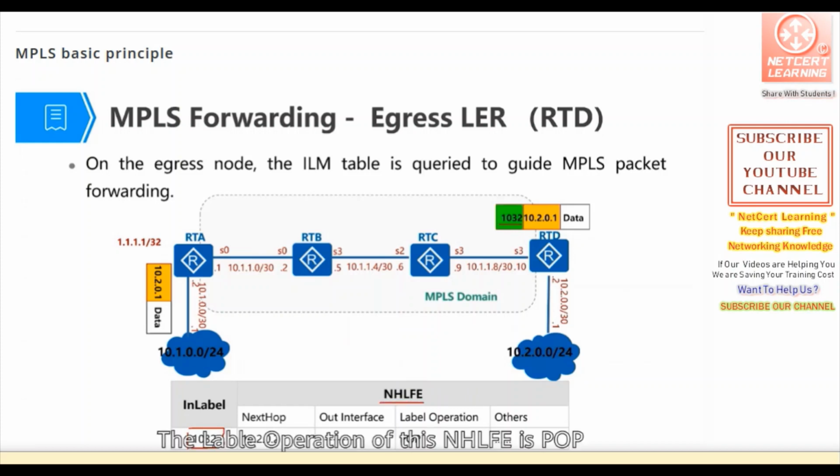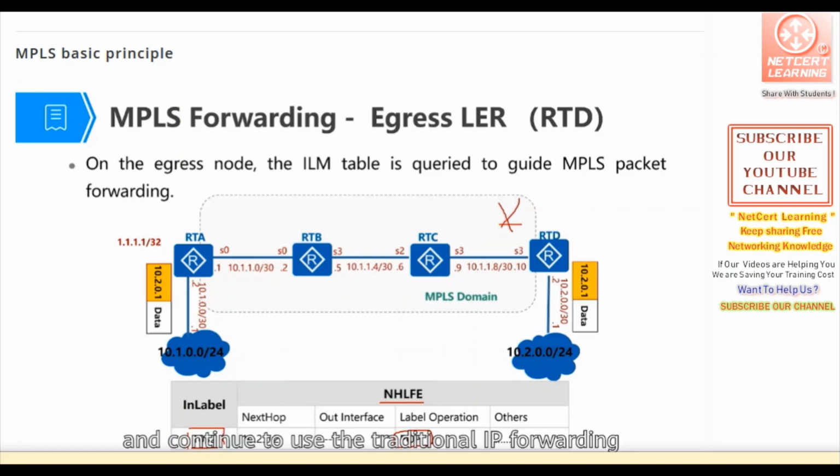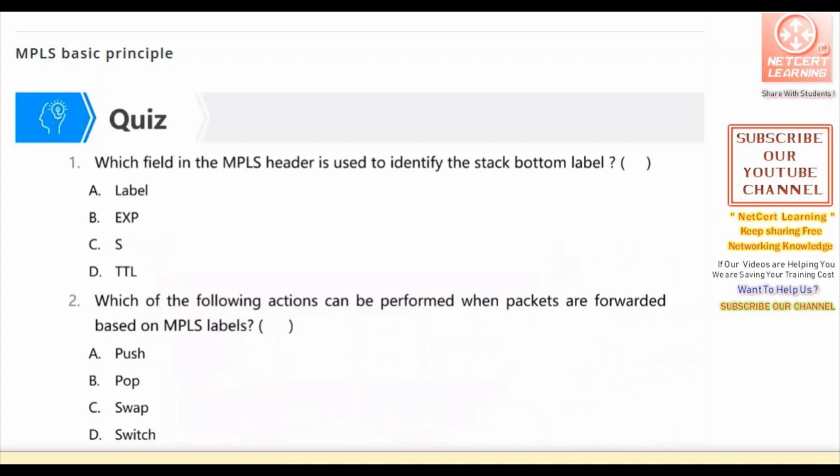The label operation is POP, and there's no out interface. So on router D, we will pop this label and continue to use traditional IP forwarding to forward this packet to the destination network.